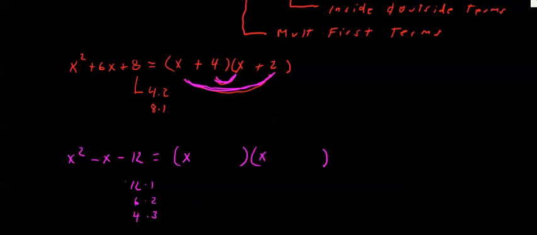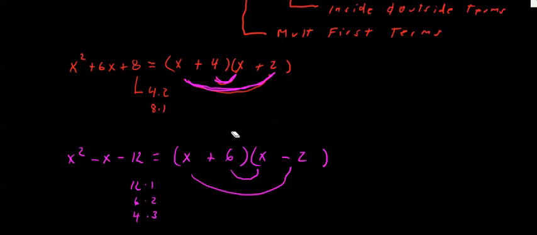One of them has to be positive, one of them has to be negative. So I'm just going to put a plus and a minus. I don't know which is which. And I'm going to try 6 and 2. Plus 6 minus 2, I get plus 6x minus 2x is plus 4x. That's not going to work.